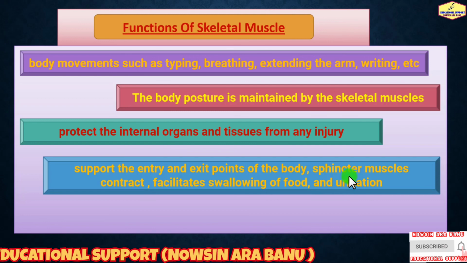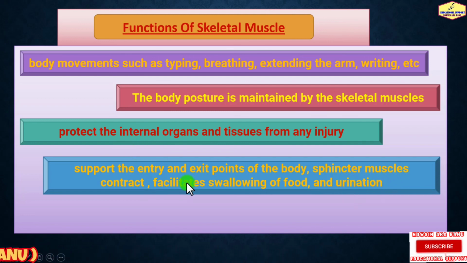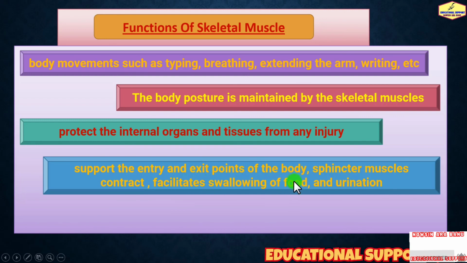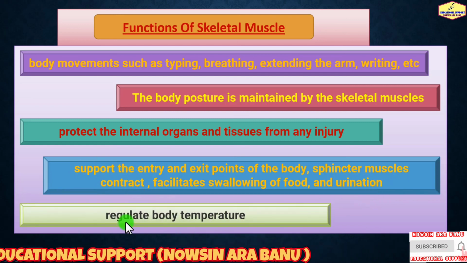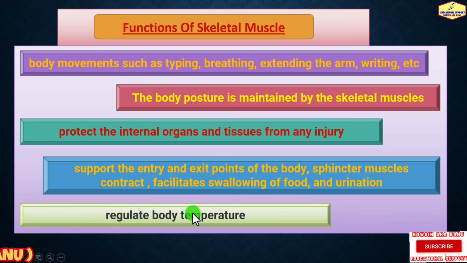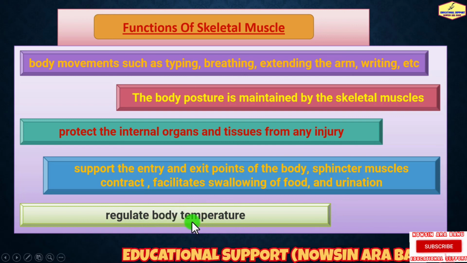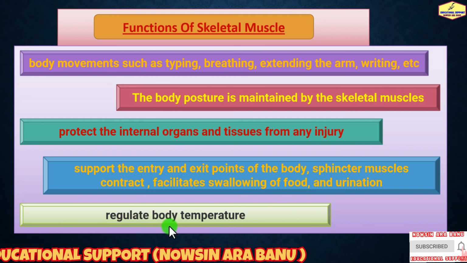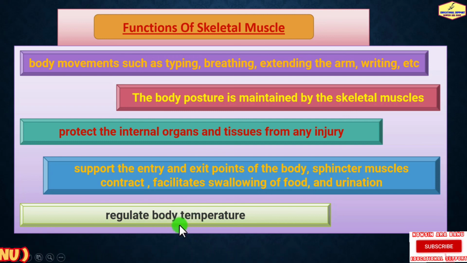These sphincter muscles reduce the size of the openings and facilitate the swallowing of food, defecation, and urination. And the last one, the skeletal muscle also regulates body temperature. After strenuous exercise, the body feels hot. This is due to the contraction of skeletal muscles, which convert energy into heat.